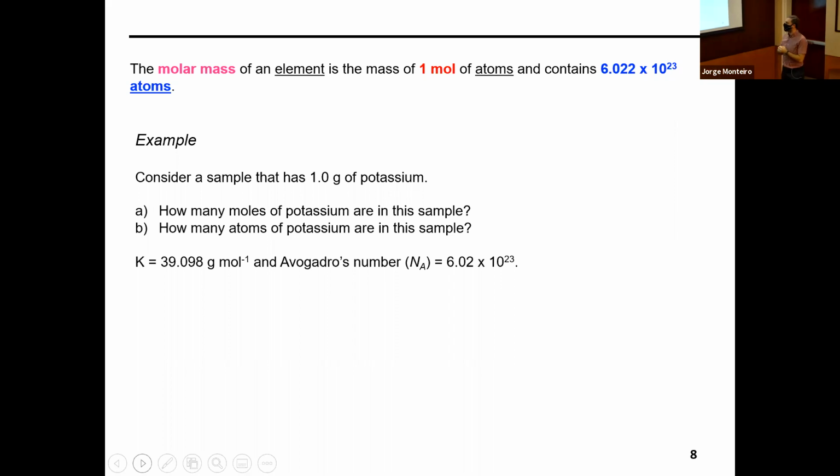And second part of the question, how many atoms of potassium are in this sample. The problem provides a couple of pieces of information. Molar mass of potassium, 39.098 grams per mole, and Avogadro's number, 6.02 times 10 to the 23rd.